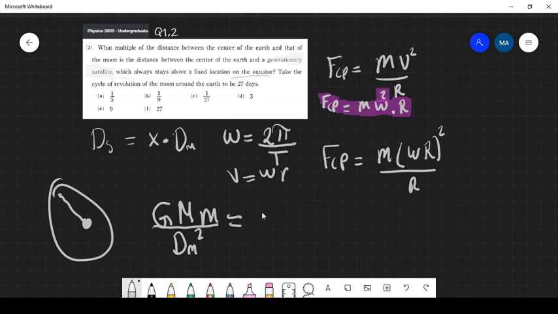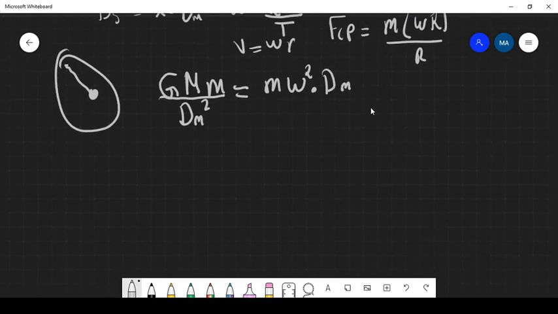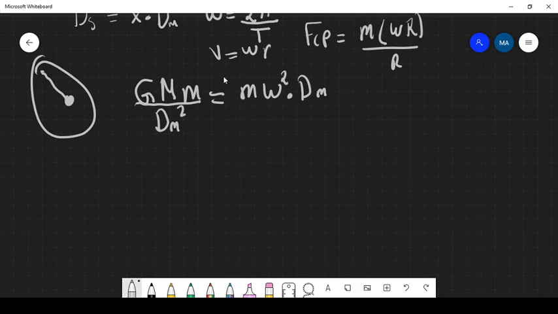To our centripetal force, which is given by m w squared multiplied by r. R in our case is the distance to the moon. Okay, so here we'll have this cut, so we'll have that w squared is equal to GM divided by d, the distance to the moon, cubed, right?